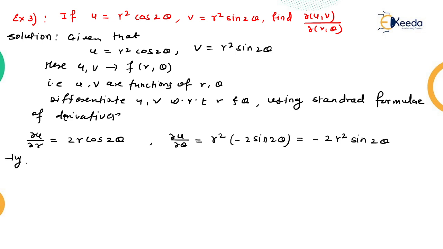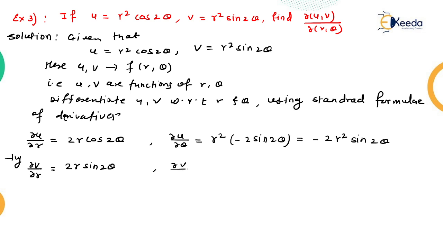Similarly, we have to find ∂v/∂r. How to differentiate v with respect to r, treating theta as a constant? It becomes only the derivative of r square, that is 2r, and sin 2 theta is a constant term as it is.